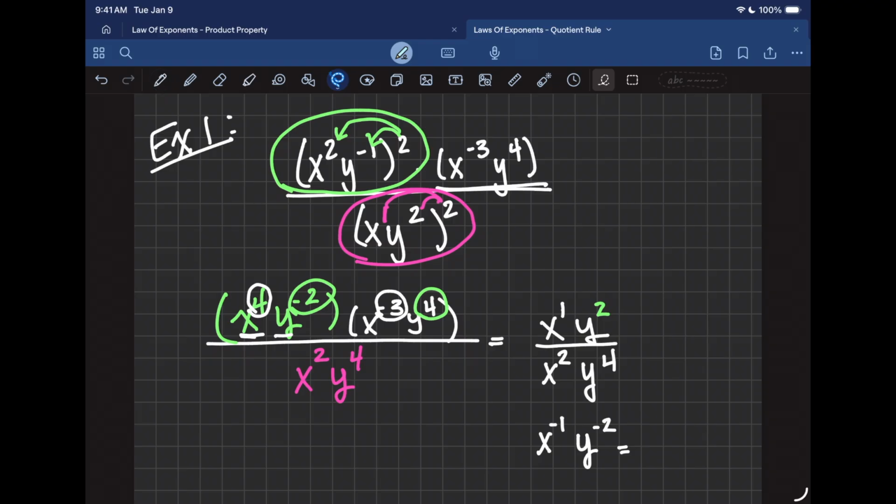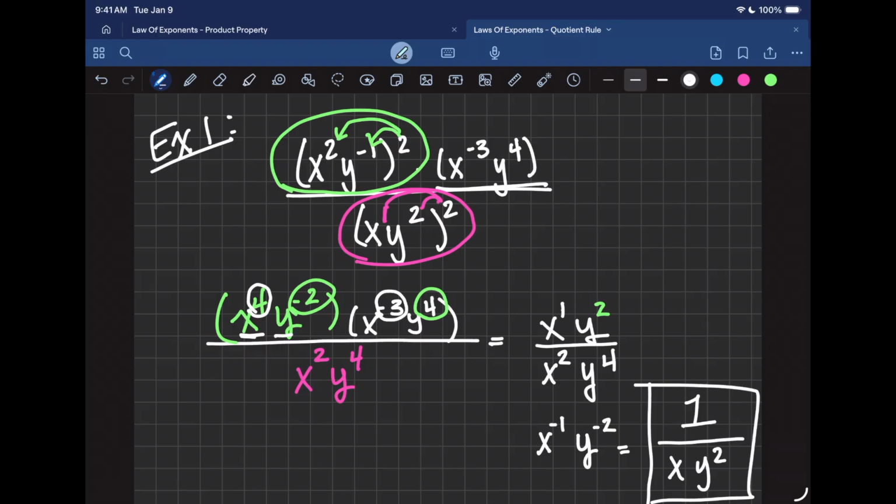Now we have my fractions set up. My x goes to the bottom. My y goes to the bottom. When I don't have anything on top, I need to remember to keep a 1 there. Because both of my exponents are positive, we're great. But remember, we don't need to have that 1 next to the x. So our final answer would be 1 over x times y to the power of 2.